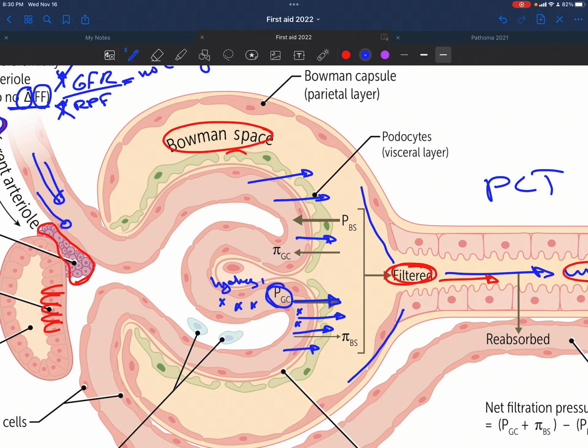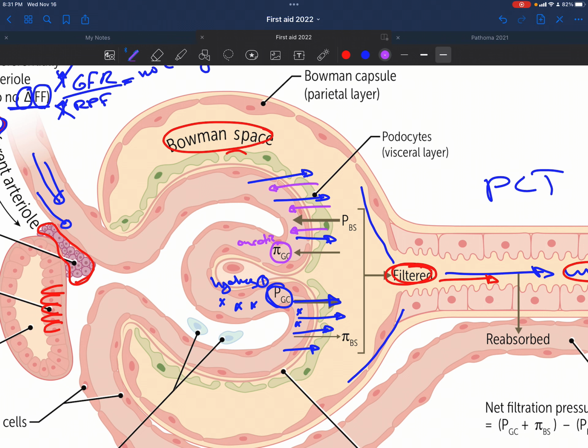That's type 1 of the pressures inside this blood vessel. There's another type of pressure also within the glomerulus, called oncotic. Oncotic is the pressure that pulls things into the vessel.